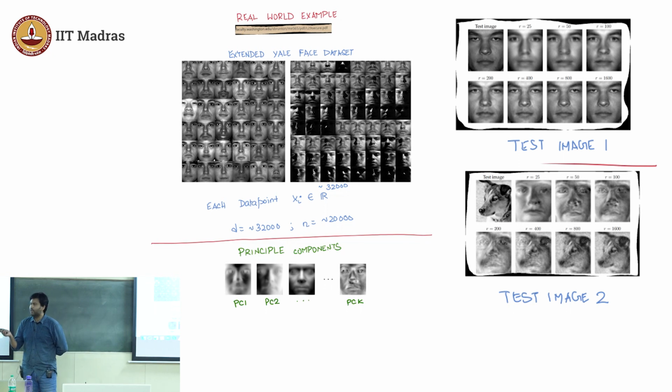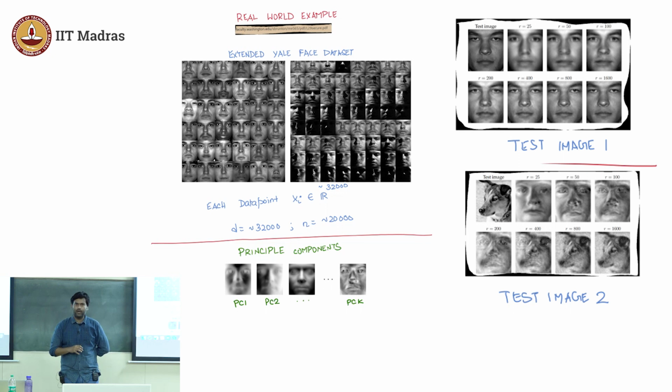The values of these points are somewhere between 0 and 255, or 0 and 1, depending on how you want to represent grayscale. The number of data points that you have is around 20,000. Around 20,000 faces were collected. This was a massive experiment.